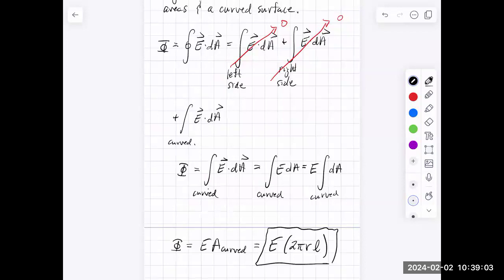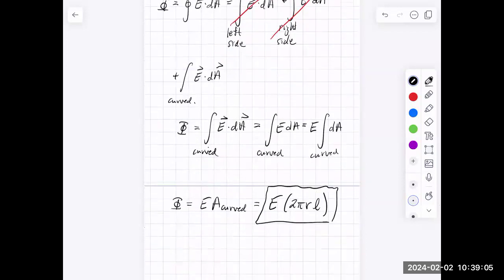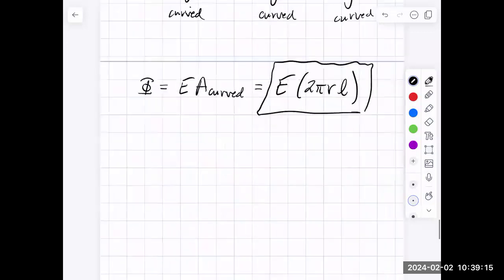No. Okay. All right. So we have 10 minutes left. So let's see if we can actually solve this problem for our cylindrical surface. And so I'll restate the problem.